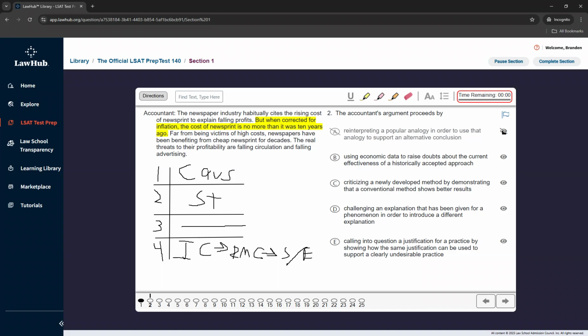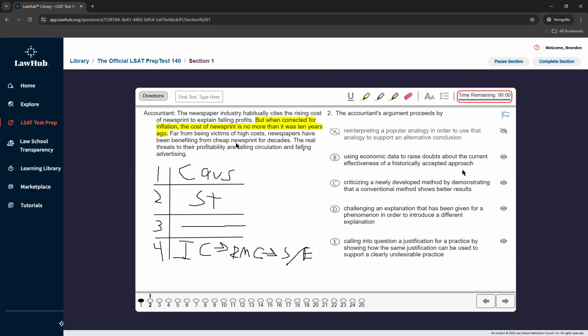Maybe, but we're not necessarily utilizing economic data. We're going on and discussing the effects of newspapers benefiting from cheap newsprint, so on and so forth. But economic data implies to me like stocks went up by 34%, blah, blah, blah.